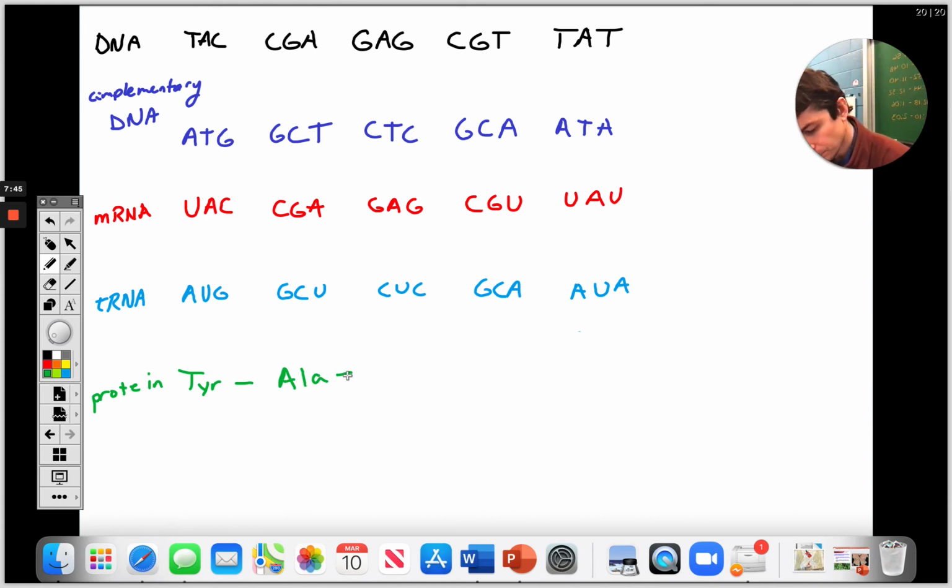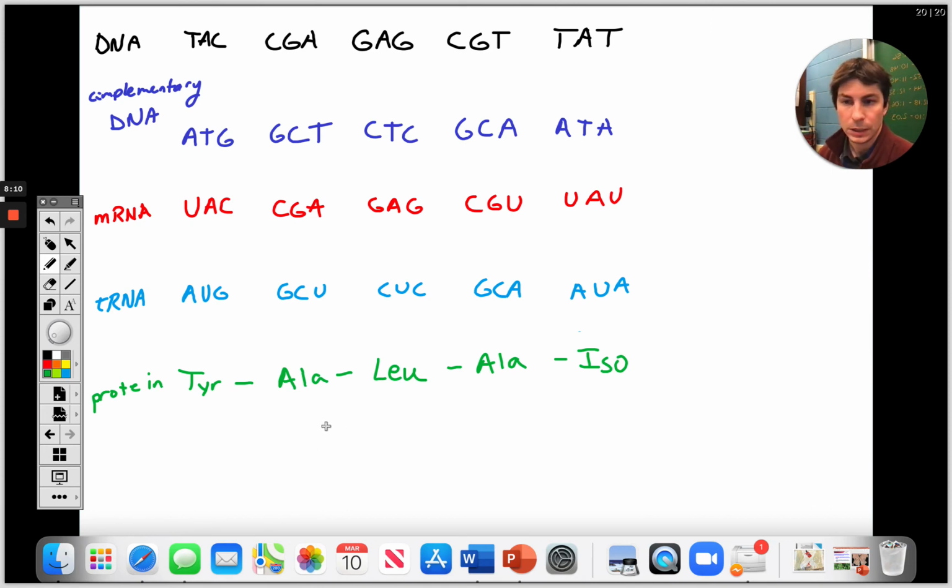CUC, leucine. GCA, that's also alanine. And then AUA, that's isoleucine. Okay? So there is our nice protein sequence there.